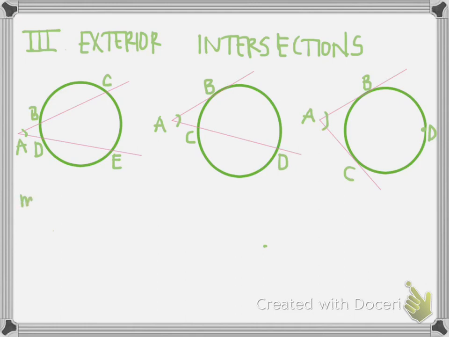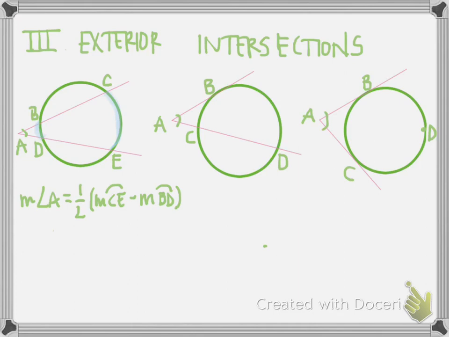Then the measure of angle A is going to be equal to 1/2 the measure of the arc CE minus the measure of the arc BD. Okay, that's two secants.